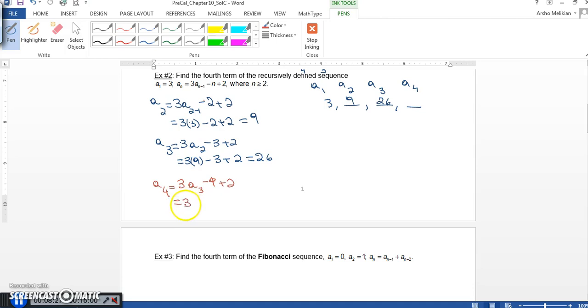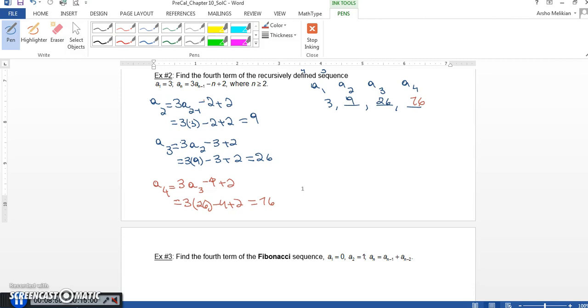So this is 3 times, what was the 3rd term? 26, minus 4 plus 2. How much is that? 76. Yeah, in total, it's 76. Okay, so that's A4. That's the 4th term. Any questions here?